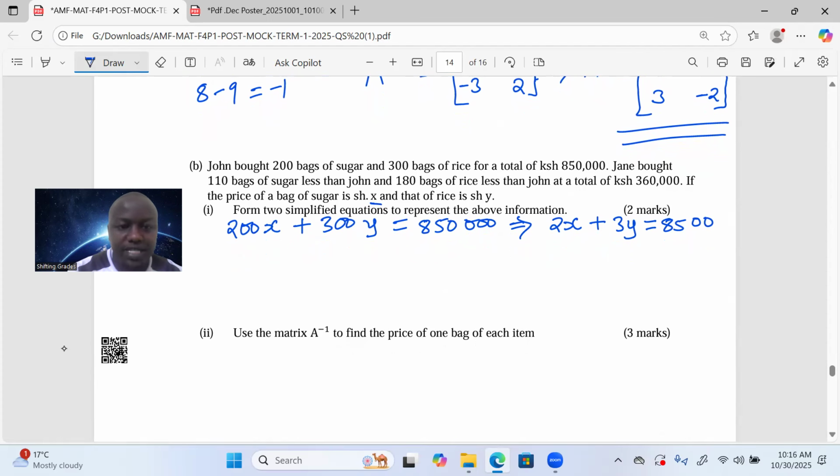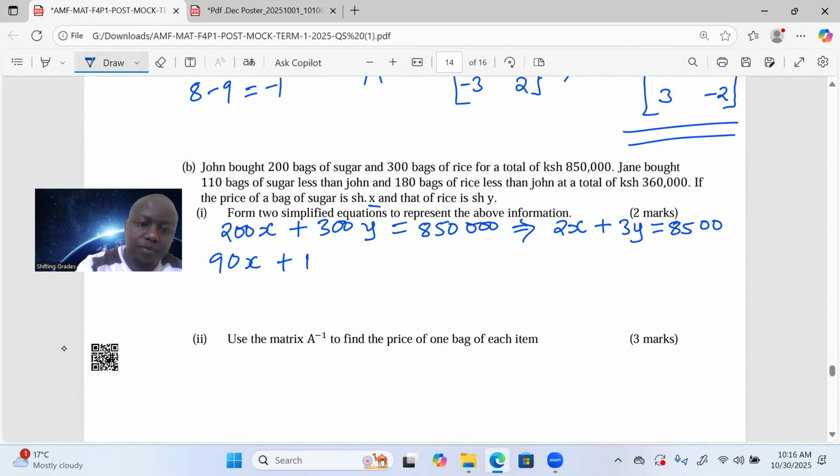Jen bought 110 bags less. So 200 minus 110 bags, we get 90 times X, plus 180 bags less, so 300 minus 180, this is giving us now 120 times Y. Now she spent 360,000.